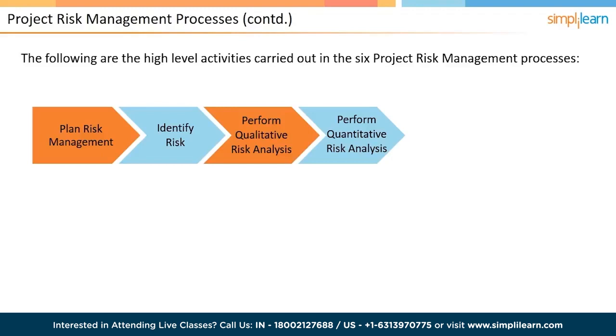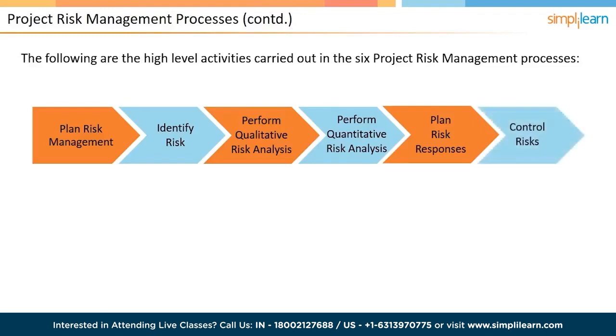The fifth process is Plan Risk Responses. This process helps us determine appropriate response strategies and actions for each individual risk and for overall project risk, and integrates them into overall project management plan. The sixth and last process is Control Risks.